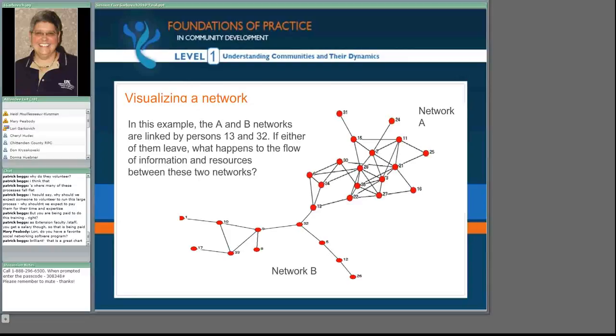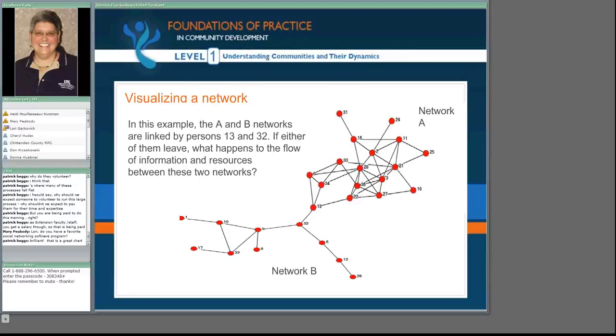But what you really see when you start doing something like this is not only how these networks are connected, but also how information flows within the network. B is very linear. I could be in many different positions in that network and find out what's going on.